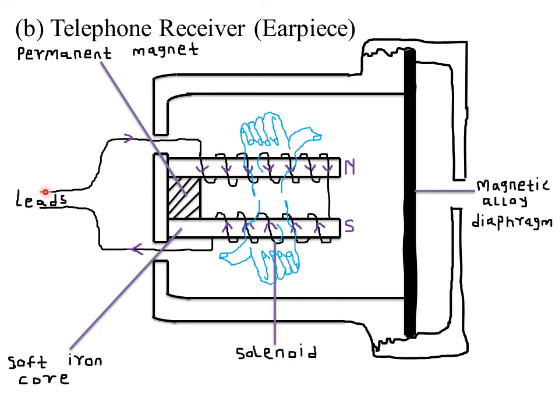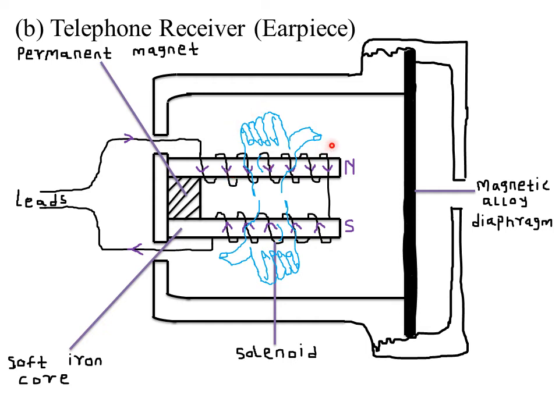That induced current flows through these cables and comes into the solenoid of our earpiece. A similar electric current is caused to pass through the solenoid of the earpiece, and the passing of the current alters the strength of the magnetic field in the diaphragm. The diaphragm thus vibrates and produces the sound made by the person through the microphone.